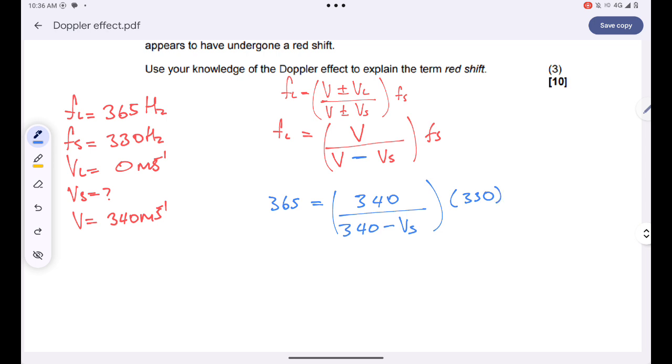All I have to do now, guys, is to just isolate vs. How can I do that? Firstly, I just need to cross multiply. I'll simply have 365 multiplied by (340 minus vs), which is equal to 340 multiplied by 330.